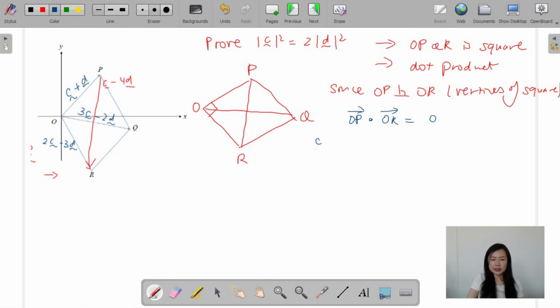And that would be C plus D dot 2C minus 3D equals 0. All right, so then expanding this, so I'm just going to do this manually, so C times that, and then that times that.